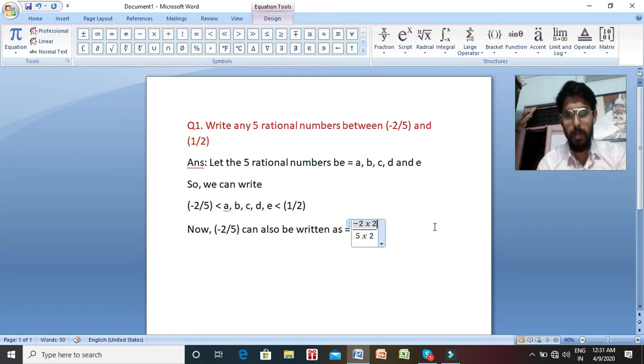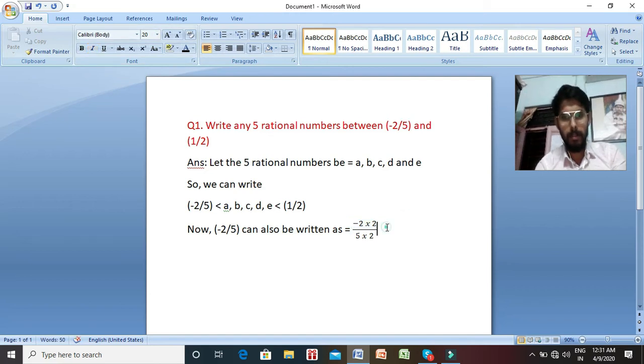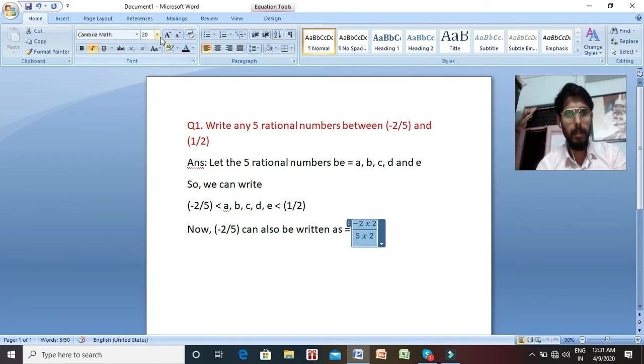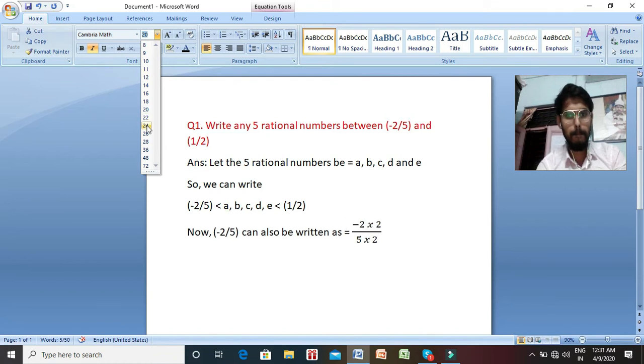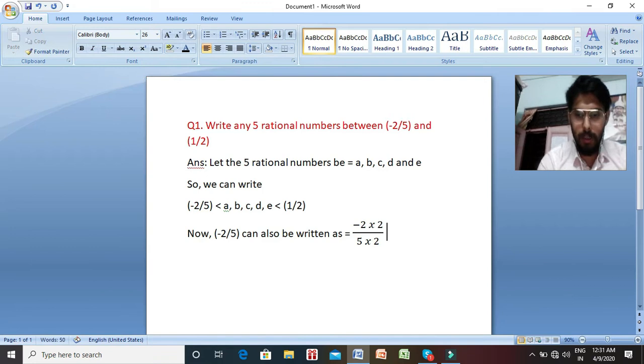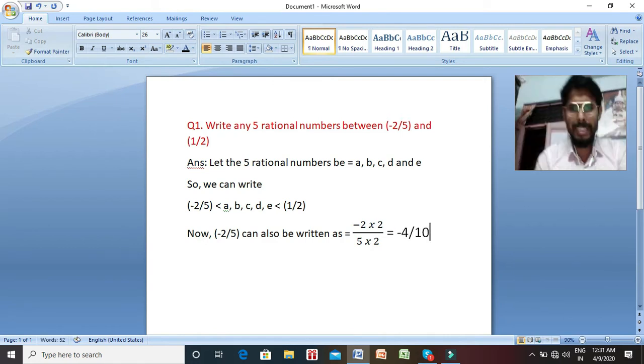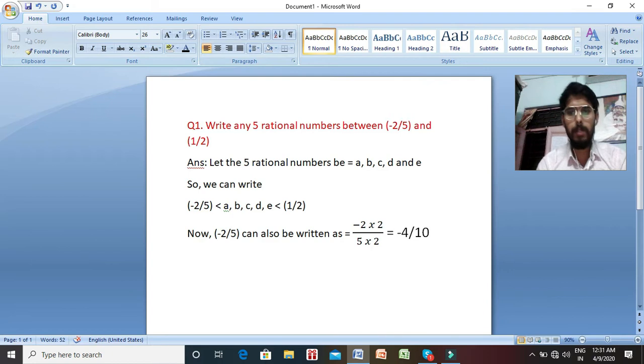Okay, so this is what we can write here. Okay, so we can write now -2 into 2 and 5 into 2, so automatically the answer we will get is -4/10, right?